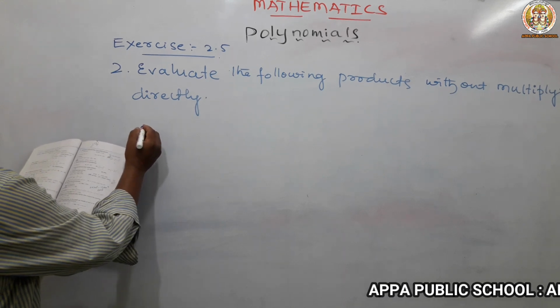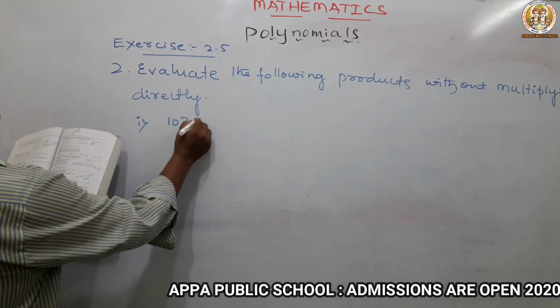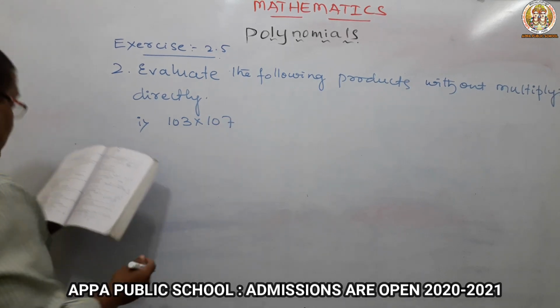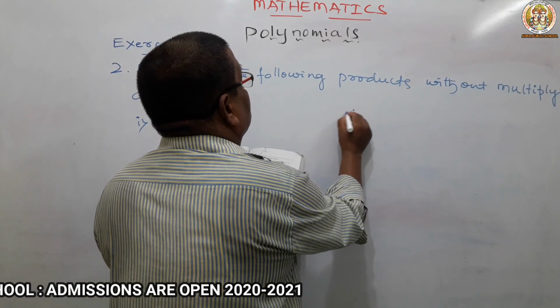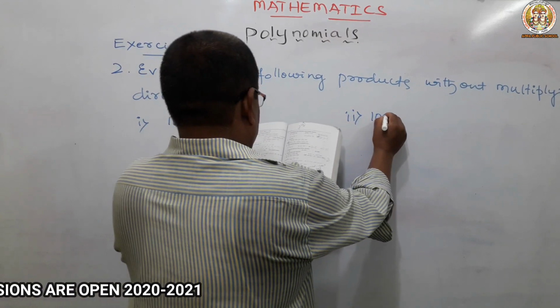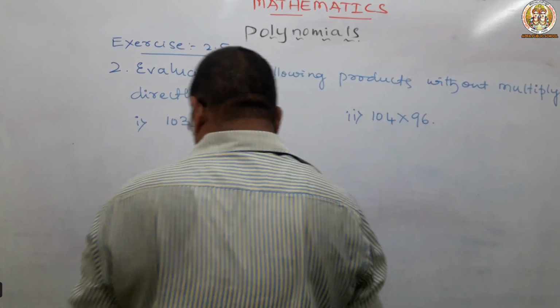Let me take one sum here: 103 into 107, and another one, 104 into 96.